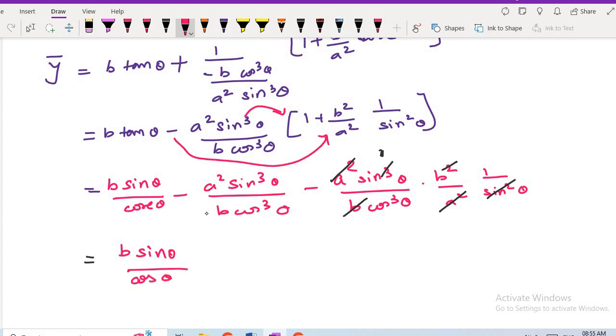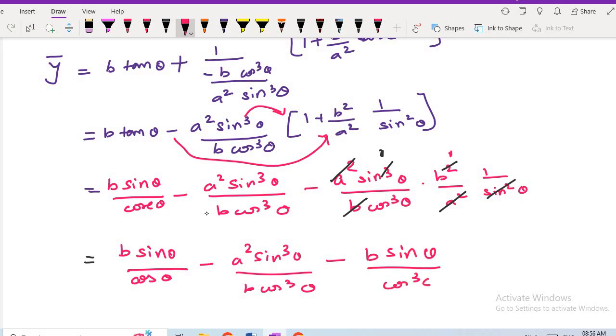Okay, so minus a square sin cube theta by b cos cube theta, and then in this numerator we have one b here. So minus b sin theta also divided by cos cube theta.